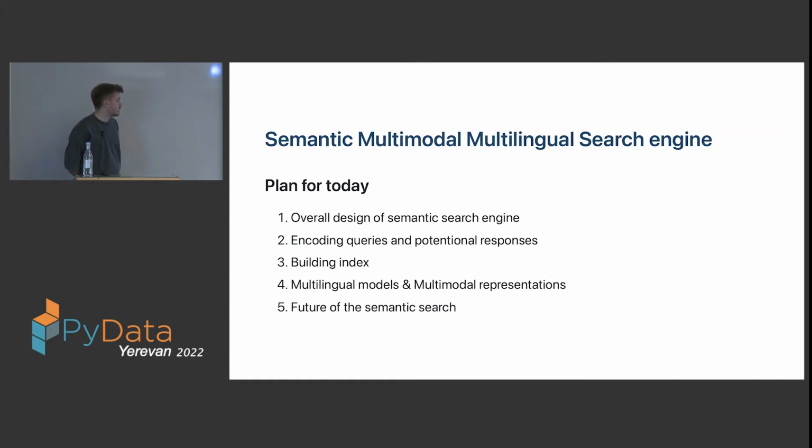We'll discuss the indexes, multimodality, multilingual models as well, and we'll speak about the future. We'll also speak a little bit about production, so how to build efficient semantic search.